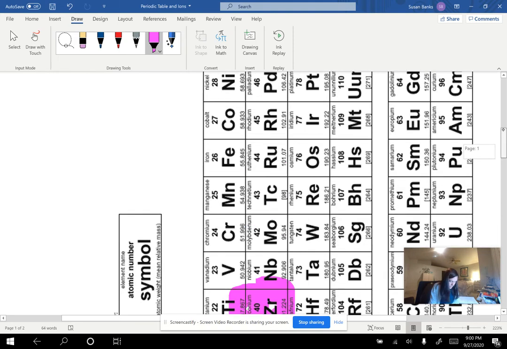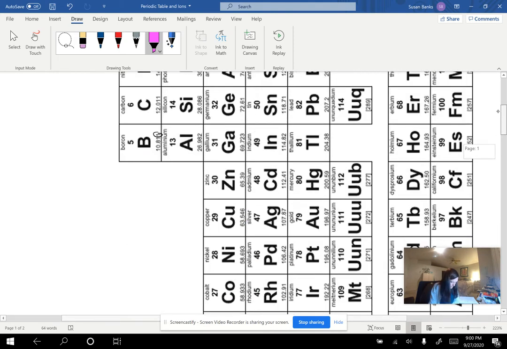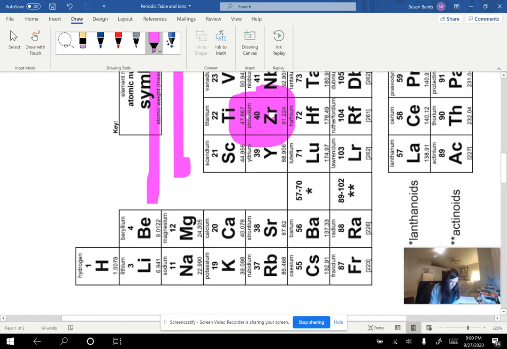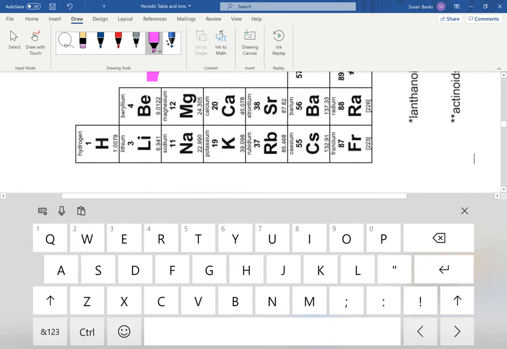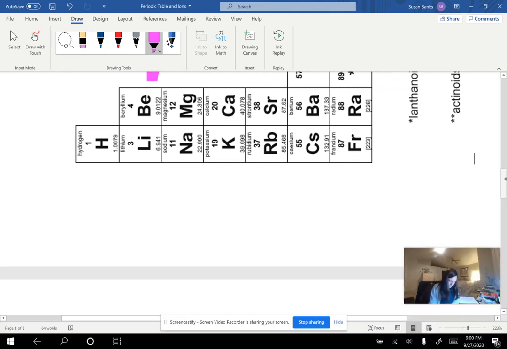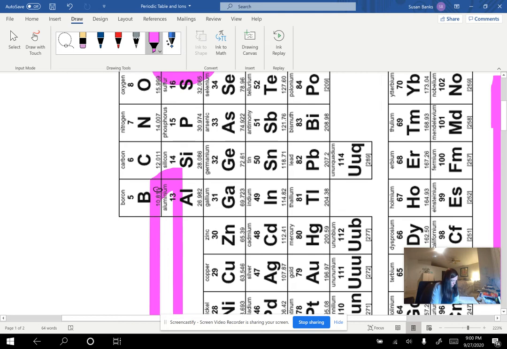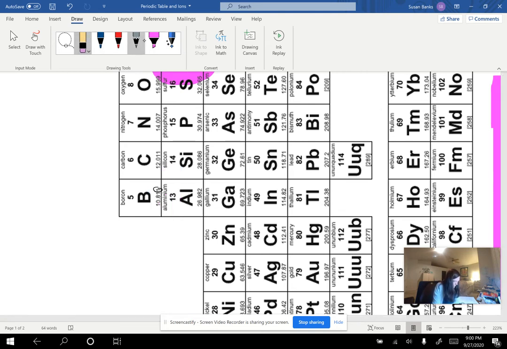Aluminum is right here, 26.98 grams at the bottom.